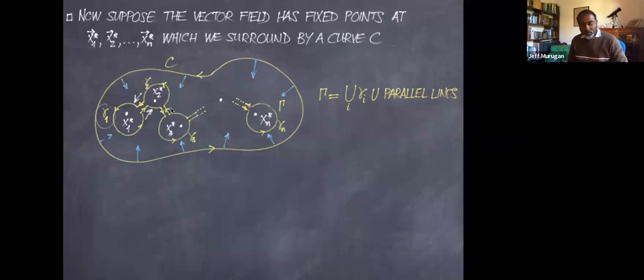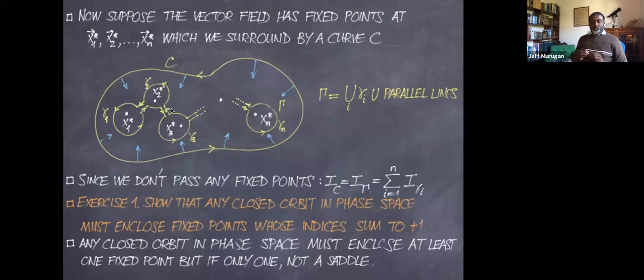So really all that's going to matter in this index counting are the circles gamma i. However, in going from the curve C to the curve gamma, I don't pass, by construction, any of the fixed points. In other words, the index of C and the index of gamma must be exactly the same. But the index of gamma is the sum of the indices of all of the circles little gamma.